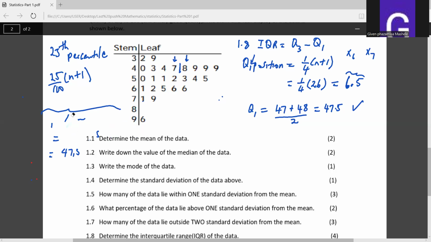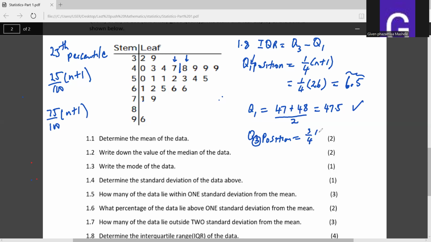Now we have to calculate quartile 3. Actually, we have to calculate the position first. Quartile 3 is the upper quartile, which is the 75 percentile. The 75 percentile is 75 over 100 times n plus 1, which is just 3 over 4 times n plus 1.